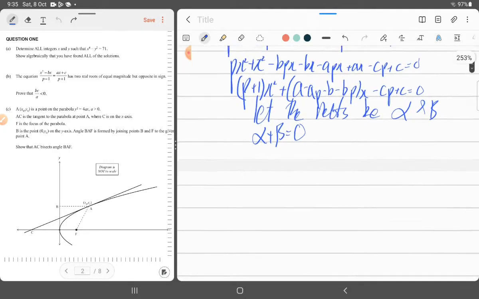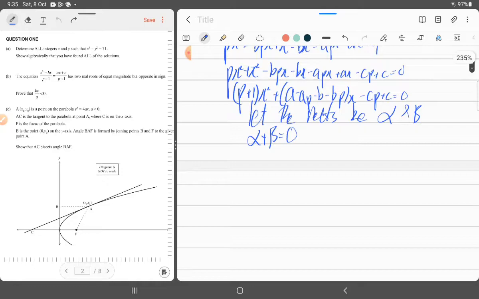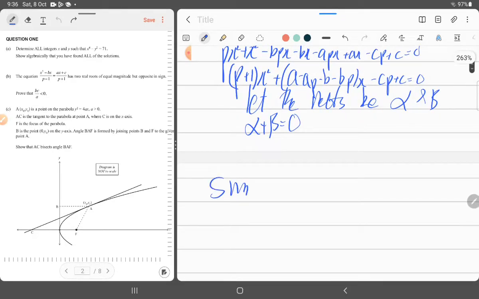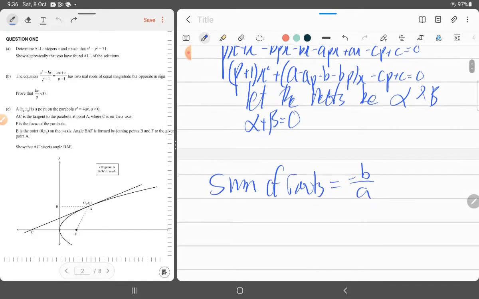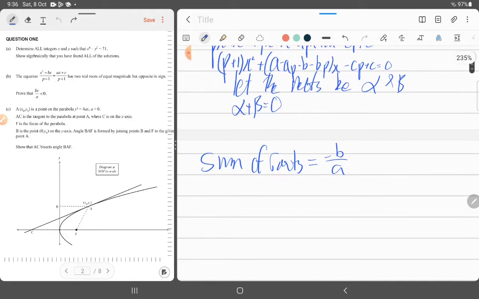And the sum of roots is equal to negative b over a, so minus a take away ap take away b take away bp over p plus 1 is equal to 0.